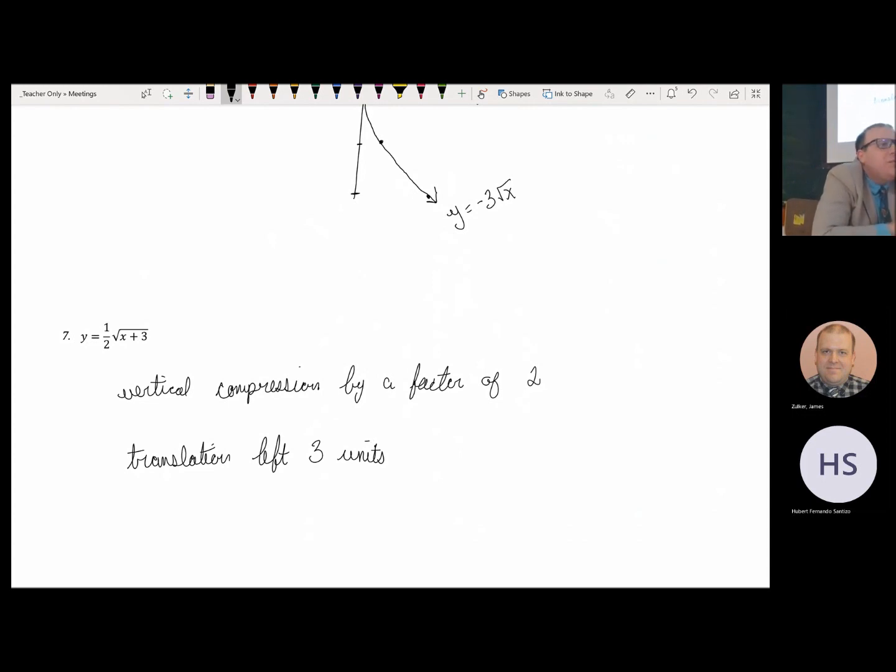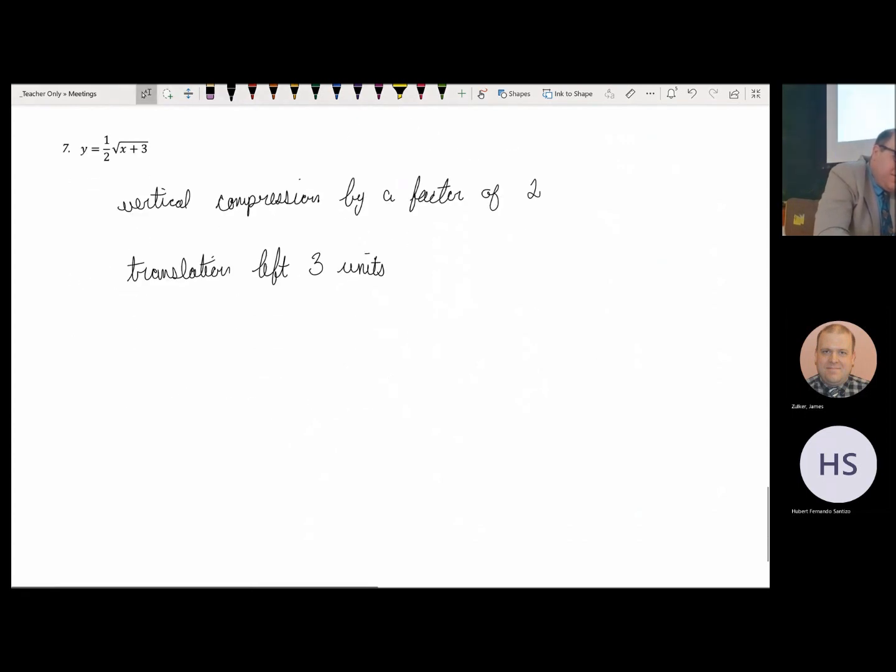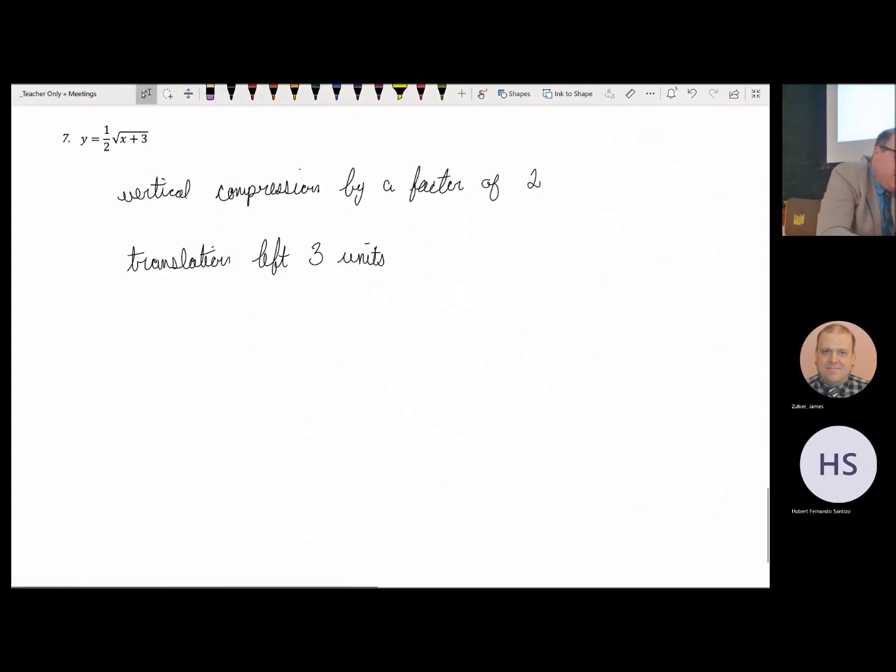Flatten it by a factor of 2. Well, flatten it, so vertically compress it by a factor of 2. So it's going to start now at -3, right?